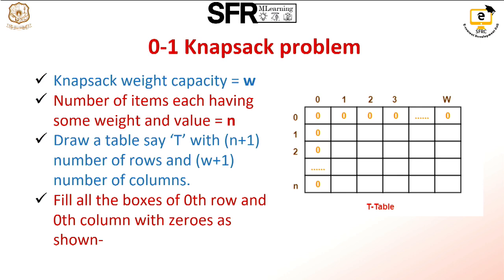We put 0 in the 0th column and 0th row, because a bag of 0 weight capacity cannot contain any item. So we provide the initial table with zeros in the 0th column and 0th row.